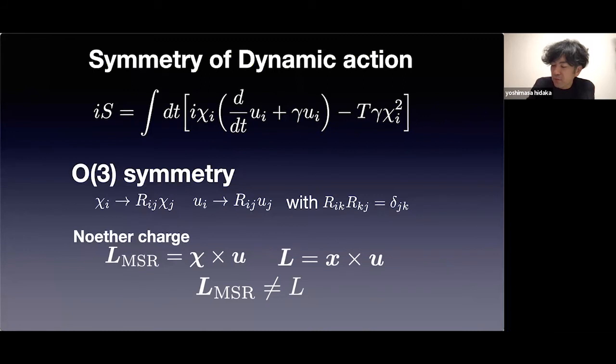So in the open system, in the path integral form, we have two types of angular momentum, and the open system has this kind of net charge. Since we have the net charge, we can discuss spontaneous symmetry breaking by using this symmetry.